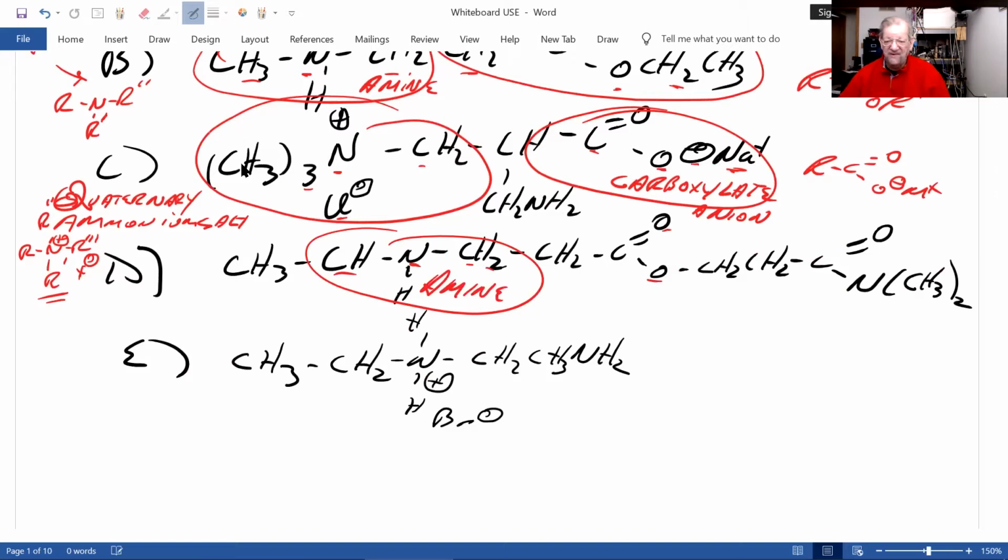Oxygen's here. Carbonyl, oxygen, carbons here, carbons here. What's this? Ester. And finally, more carbonyl with the nitrogen and carbons here and here. What's that?